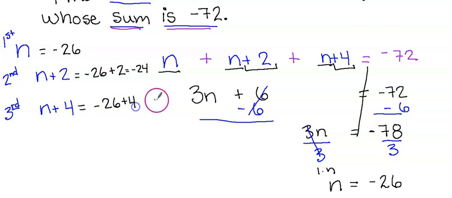My signs are different, subtract them. I get negative 22. So the three consecutive even integers for this problem are negative 26, negative 24, and negative 22. 3 consecutive even integers whose sum is negative 72.